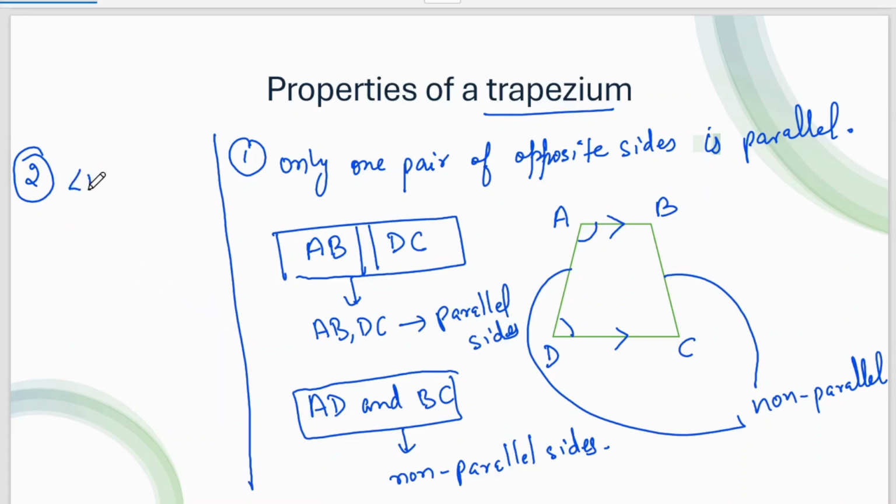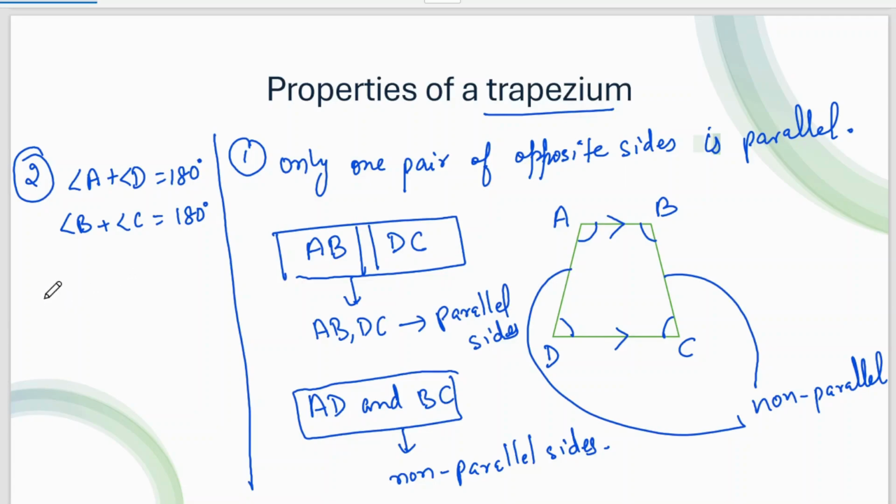So we can write angle A plus angle D equal to 180 degrees. In a similar way, angle B plus angle C will also be 180 degrees, because they are co-interior angles. This is the second most important property of a trapezium.